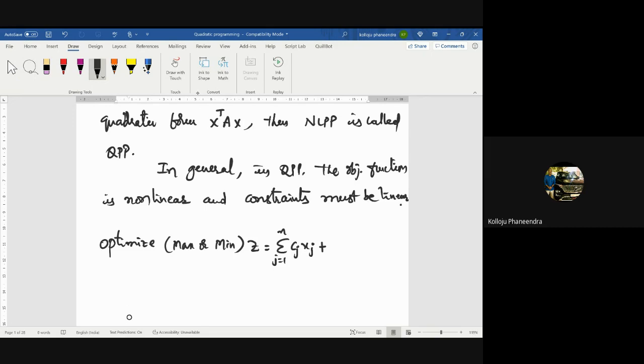And coming to here, this is 1 over 2. Space is not suitable here, let me write once again.